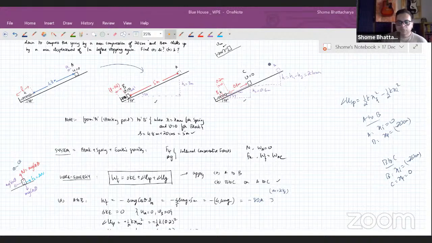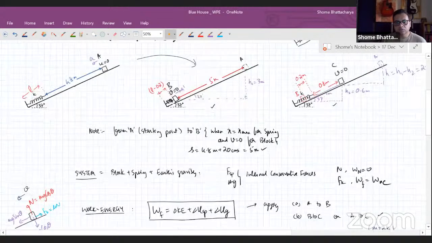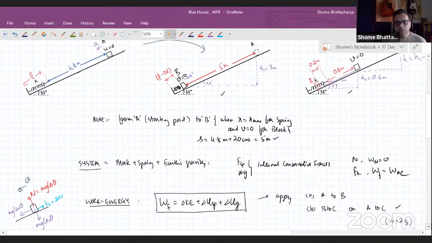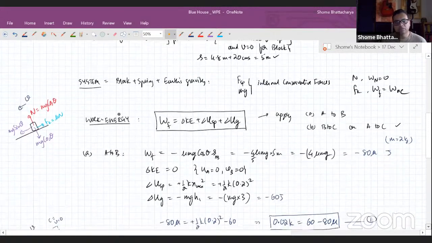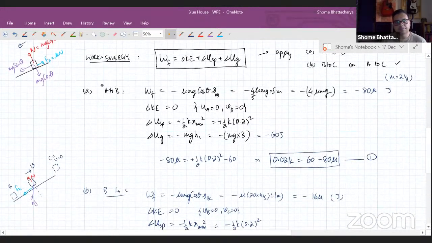Okay, hope this part is clear. Now before we proceed further, one more thing we'll understand here is, in a logical sense, energy wise, what is happening when we are going from A to B?